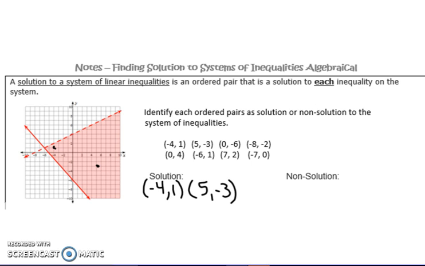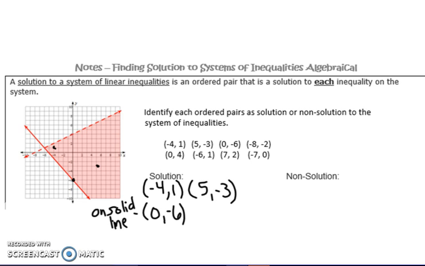If I look at (0, -6), that's the y-intercept of my solid line. Because it is on my solid line, (0, -6) is a solution. A solid line means it is included. It can be equal to. So that is a solution.